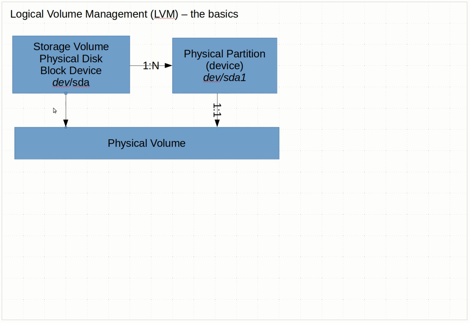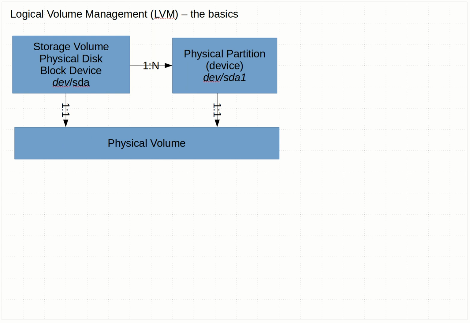No, directly from your volume you would create a physical volume. Of course you would then lose the option to create multiple partitions on your storage volume, so you cannot split it anymore. You would dedicate the full 100% to your physical volume, but if that's what you want, you gain some simplicity. So there's a one-to-one relationship here: one storage volume means one physical volume if you go this route.